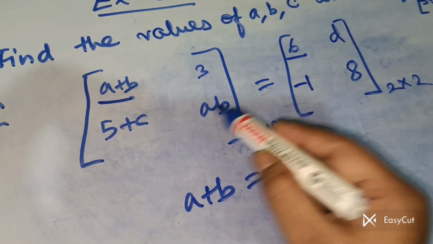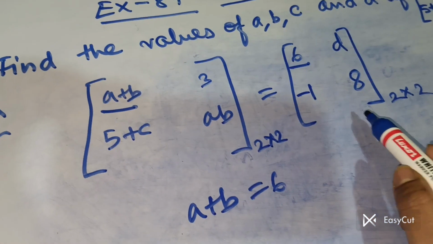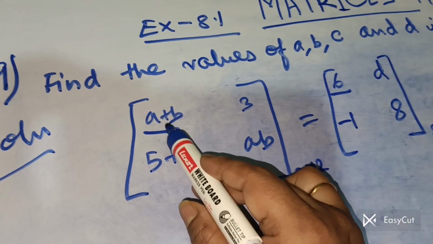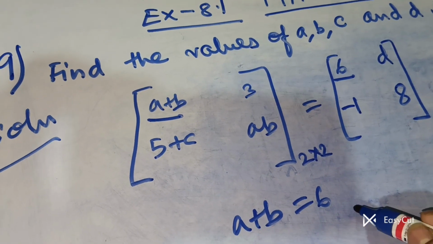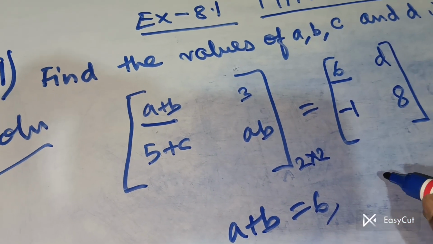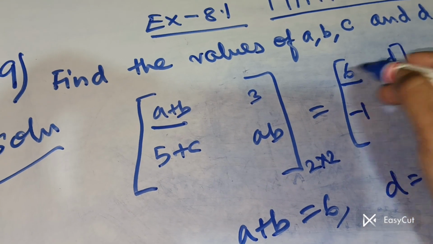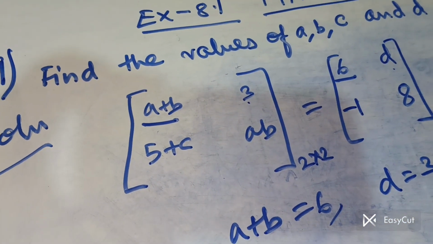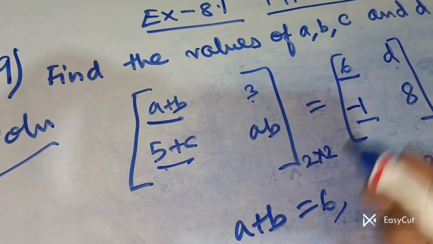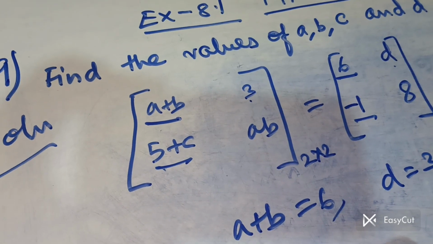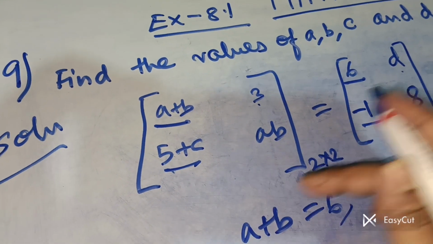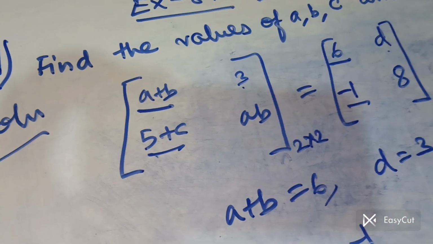Since it is given that these two matrices are equal and their orders are the same, a plus b will be equal to 6. That is the first condition. Second, d will be equal to 3. We are getting it directly. Then 5 plus c will be equal to minus 1. And ab will be equal to 8.